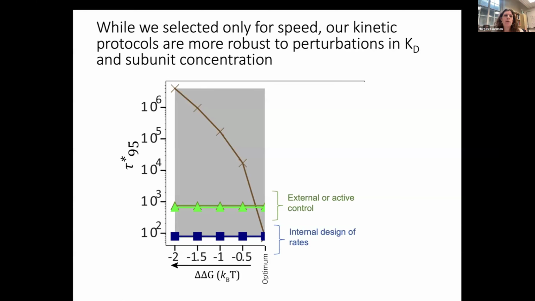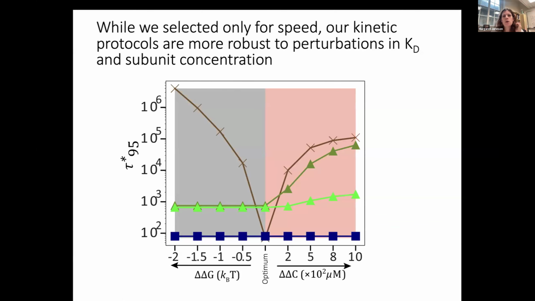And so it doesn't matter even if the binding becomes completely irreversible, you can still have very fast assembly. And for the same reason, these protocols are typically very robust to concentration. So if you all of a sudden overexpress your protein, they're still very efficient. The titration protocol does suffer a little bit, and that's because it actually wants to assemble faster. You're sort of slowing it down.